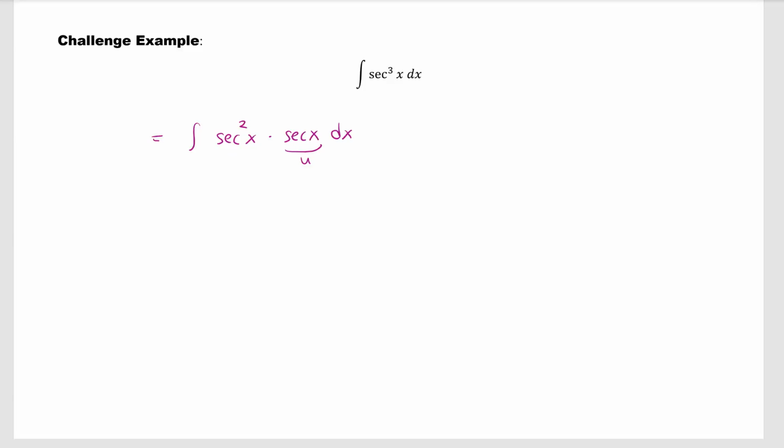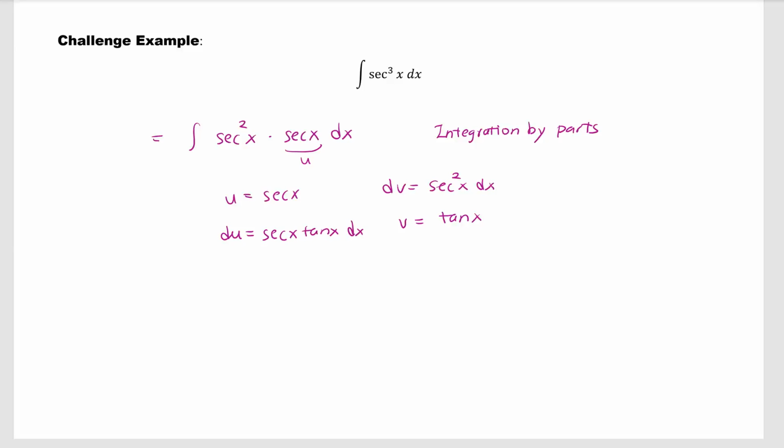I let u be secant x, so here we are using integration by parts, and dv remains secant squared dx. You always let dv be something you can integrate. So the integral of secant squared is tangent, and the derivative of secant is secant x tangent x dx.